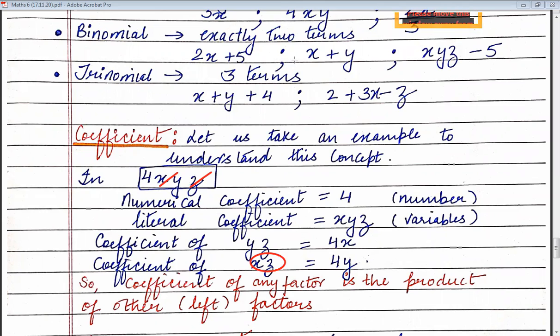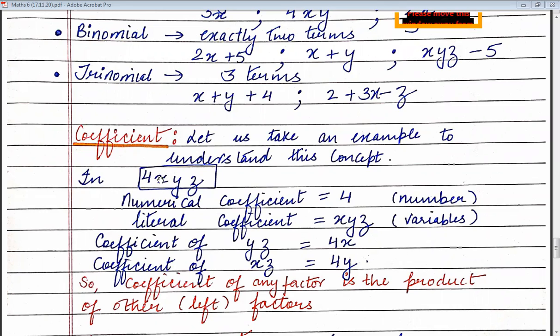4y. So children, be careful. Whatever coefficient you have to find out, except that, whatever is left, you have to find the coefficient of that. Now, let's see. If I ask you, what is the coefficient of 4x in the term?